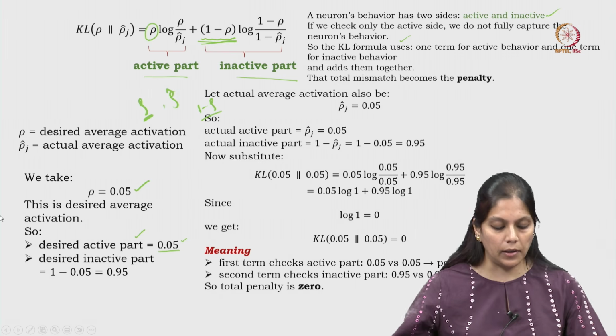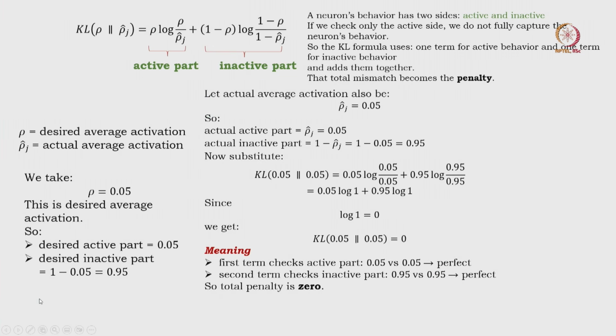Now look at the complete problem. If this is the desired one, then what is the actual average activation? The actual average activation is, for example, 0.05, which means I am giving a condition where rho is exactly equivalent to rho hat.